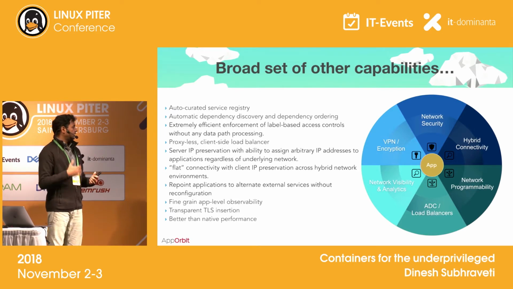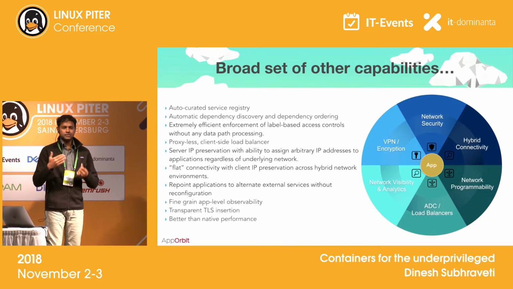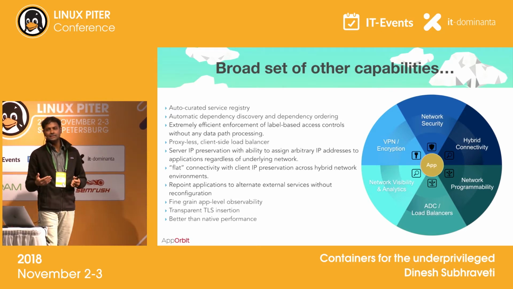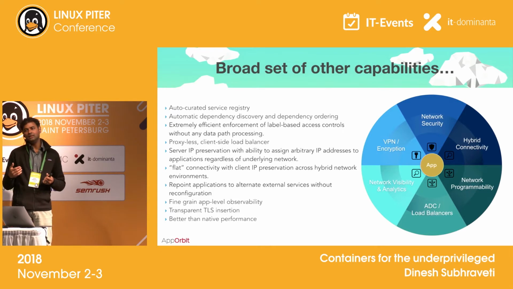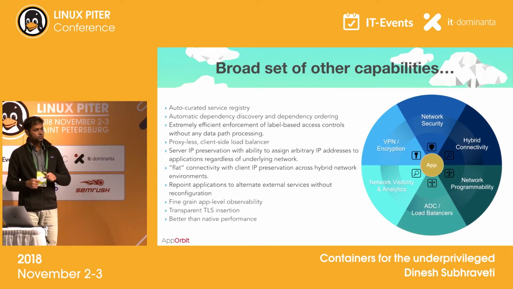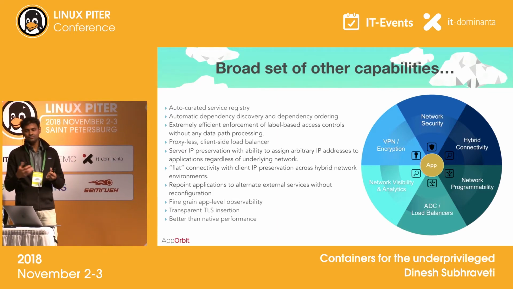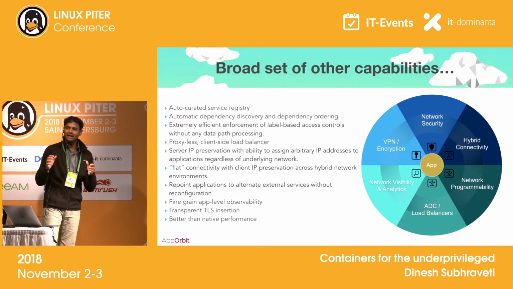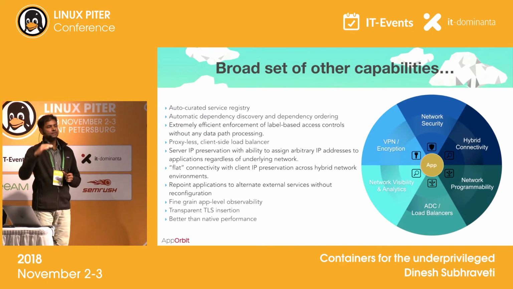So you have fine-grained app-level observability. It's not network packet deep inspection and things like that. I actually have meaningful interception points. I know which application is making what call. I don't have to do a lot of processing to retro-infer what the application is doing based on deep packet inspection, because I have good semantic content available in that API.